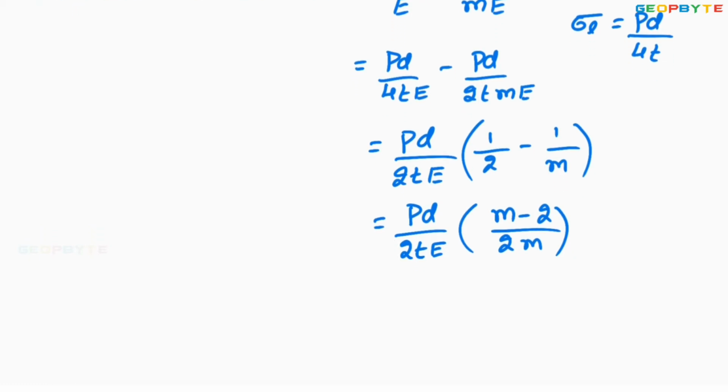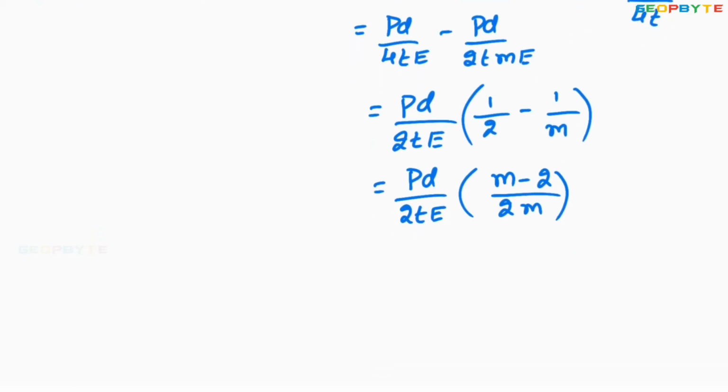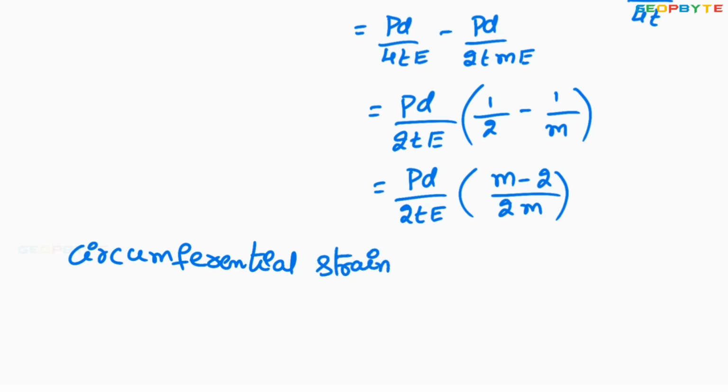Now let us write the hoop strain. Hoop strain is also called circumferential strain. The circumferential strain epsilon C equals sigma C by E minus sigma L by mE.